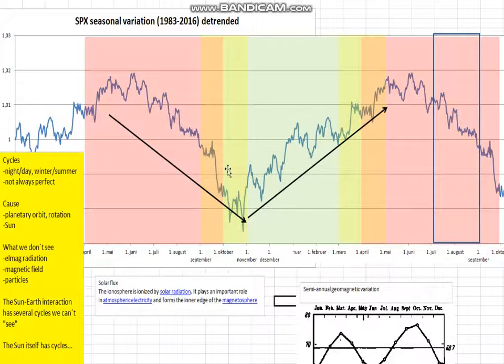So although in the winter we have a high density of solar radiation, it could be that the sun is sleeping. It doesn't emit much radiation, and that's a much stronger factor than the density variation. And the other way around, in the summer we have a low density, but maybe the sun has a cycle where it's very active.